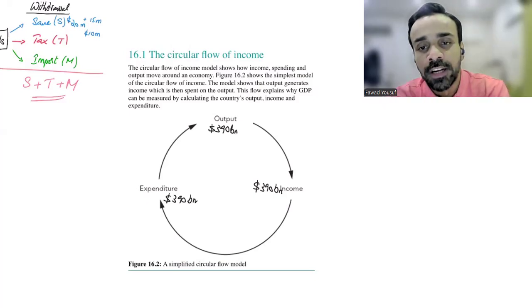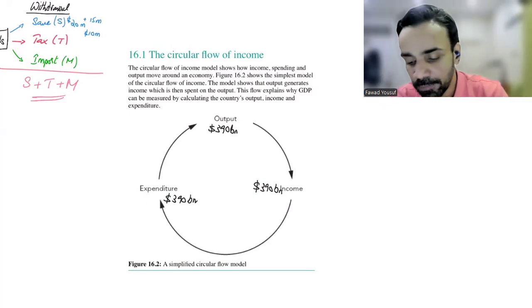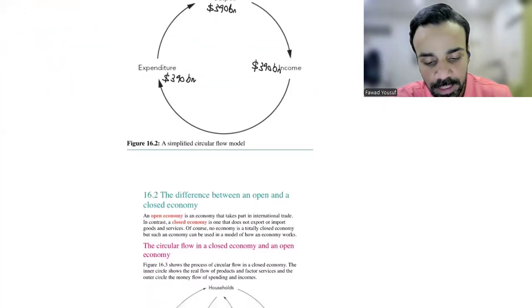Output produced with the factors of production, income is paid, income से expenditure is done on the goods and services. Okay? I don't think you need to make this one.